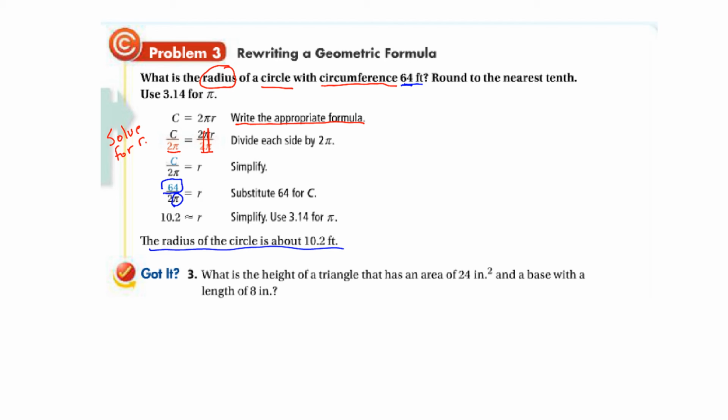So if I have this got it problem here, what is the height of a triangle that has an area of 24 inches squared and a base with a length of 8 inches?